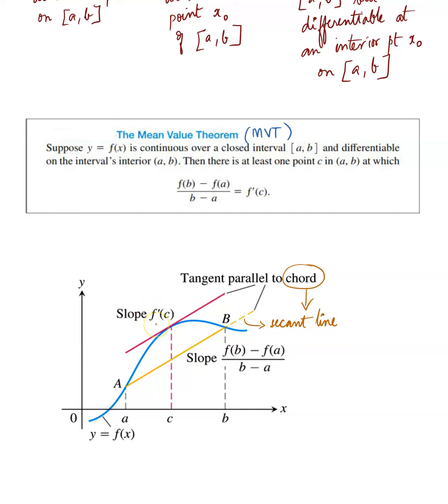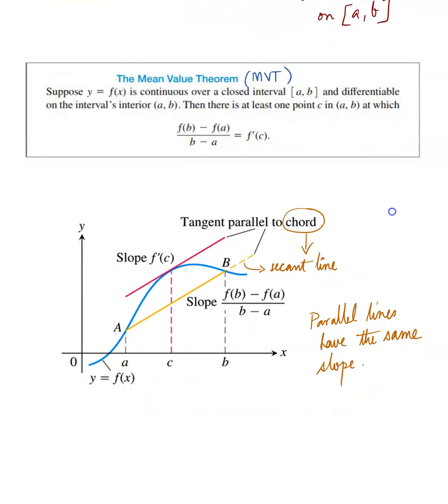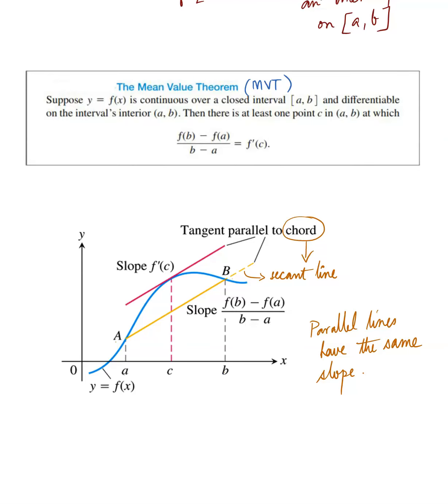tangent line. And why will that be equal to each other? That's because that's the property of parallel lines, right? Parallel lines have the same slope. This is a property we learned in algebra, and that's a property that helps us to prove this MVT.